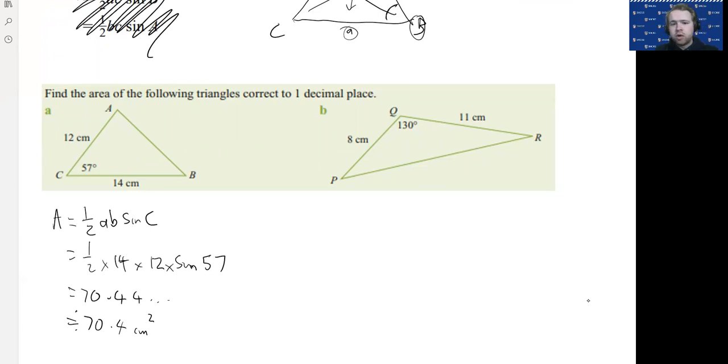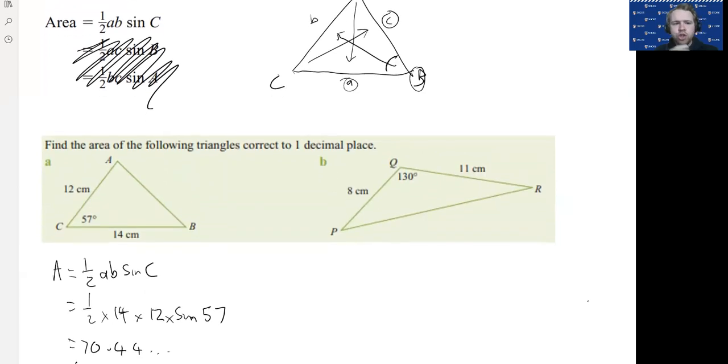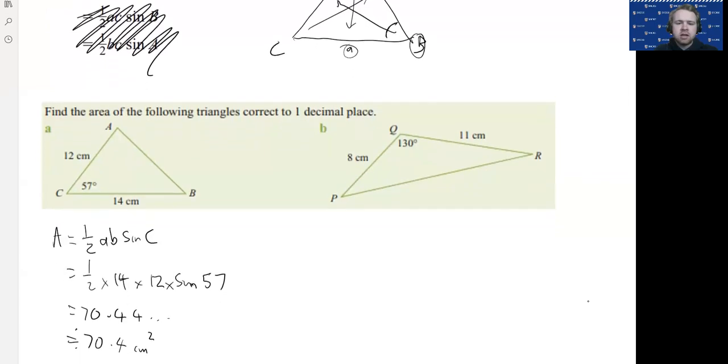Let's just do one more example. Here we have P, Q, R as our letters, but again, it doesn't matter. We can choose which side is A, which side is B, and which angle is C. We have two sides, and the included angle is 130. So area equals half times 8 times 11 times sine 130.